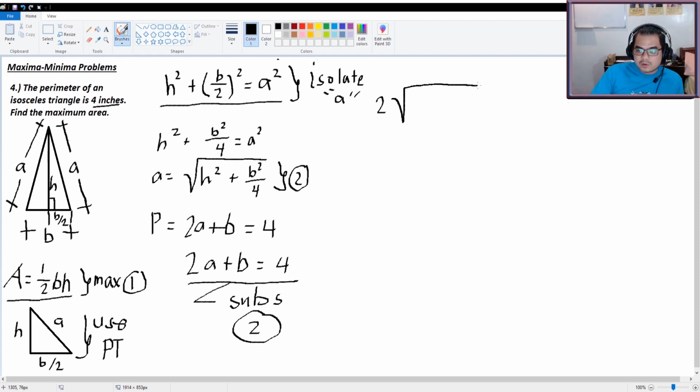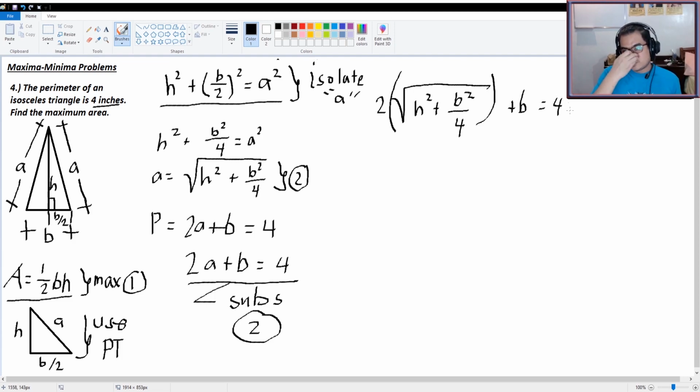Your A now will be equal to H squared plus, sorry, this is B squared over 4, okay, plus B equal to 4. Okay, so from this point, you can either isolate H or isolate B.